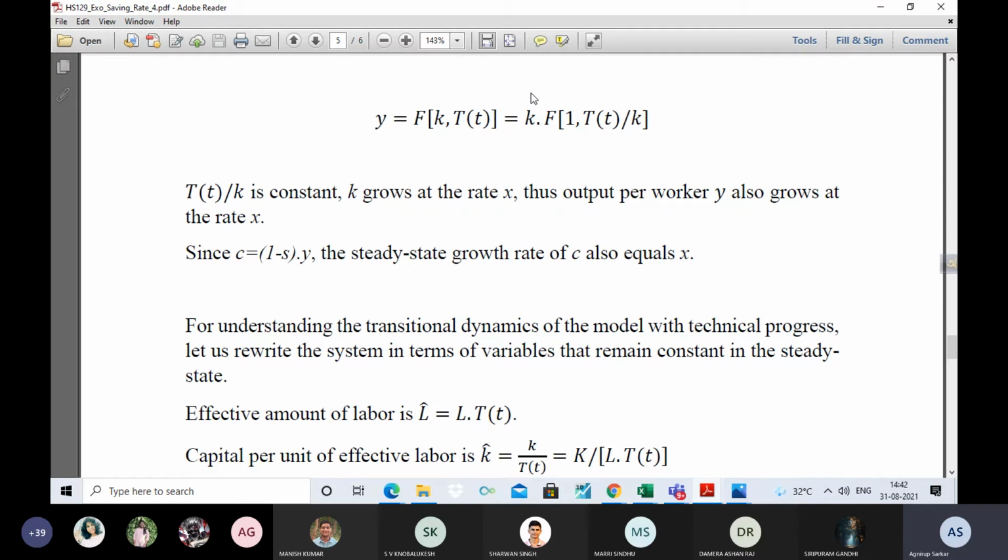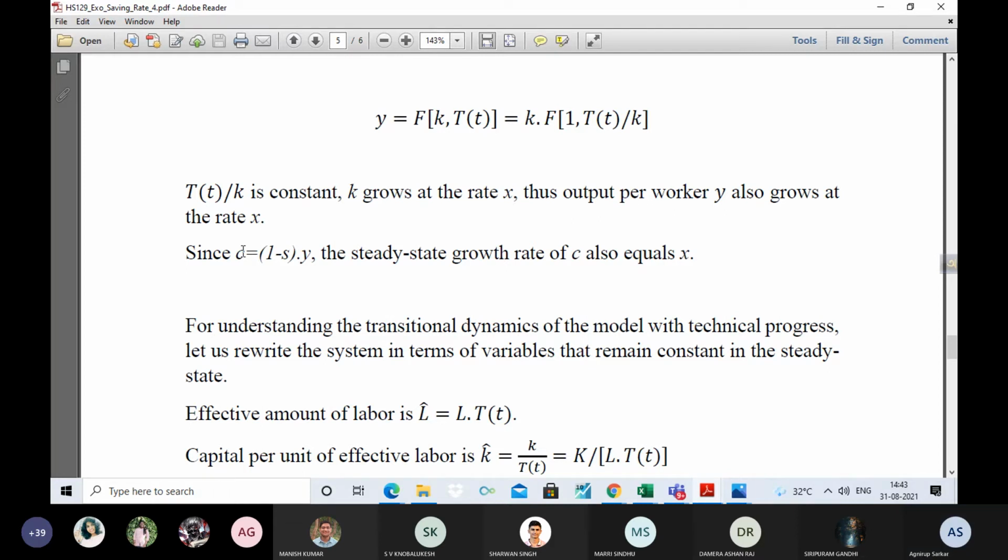Now, in the Solow-Swan model, one important assumption is that the consumption per worker is a fixed fraction of our output per worker, right? So if s is the saving rate, then 1 minus s times small y, the per capita output, would be the per capita consumption, right?